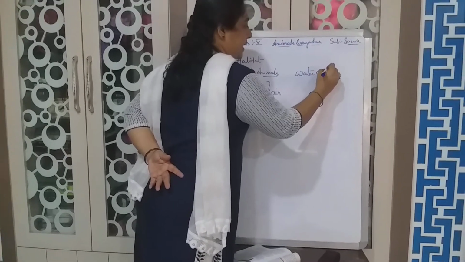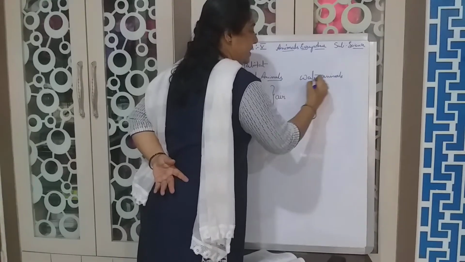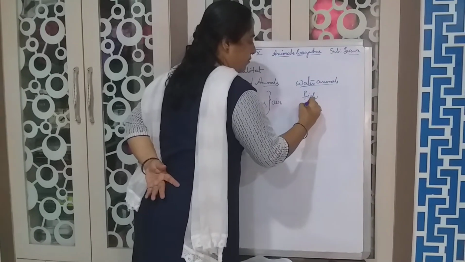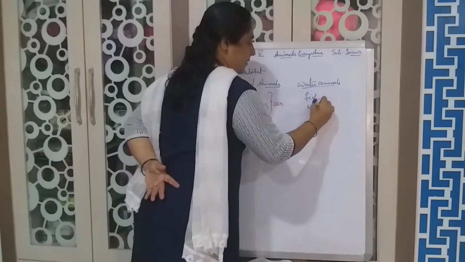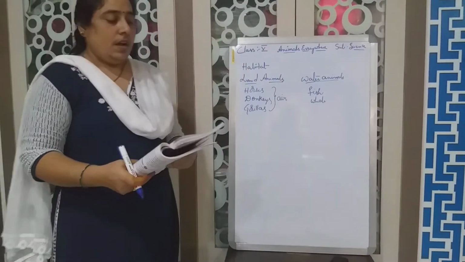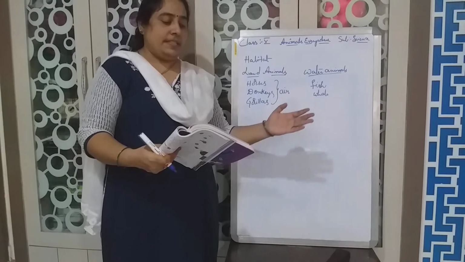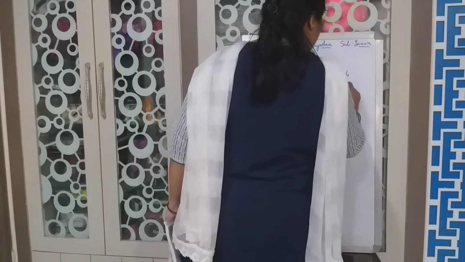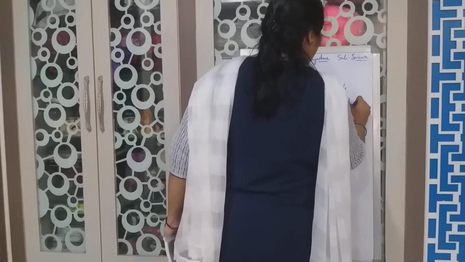Water animals, how do they get their oxygen? Water animals breathe through gills. Fish, whale, etc. Aquatic animals take oxygen from water. What are they called?